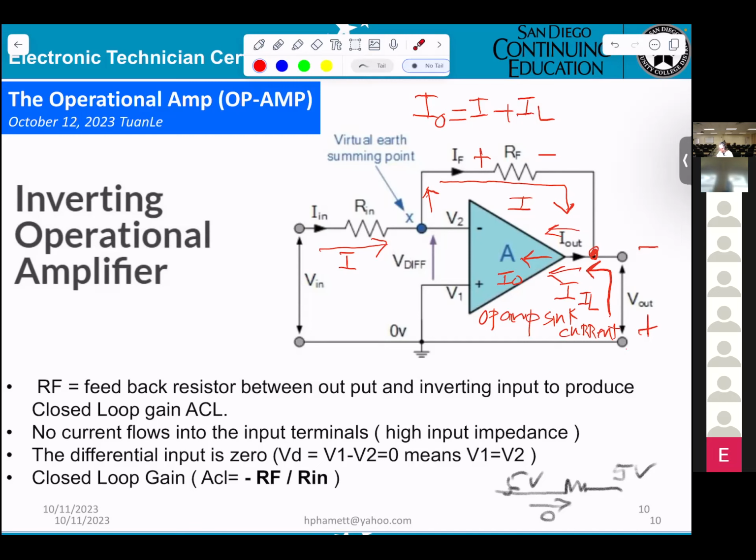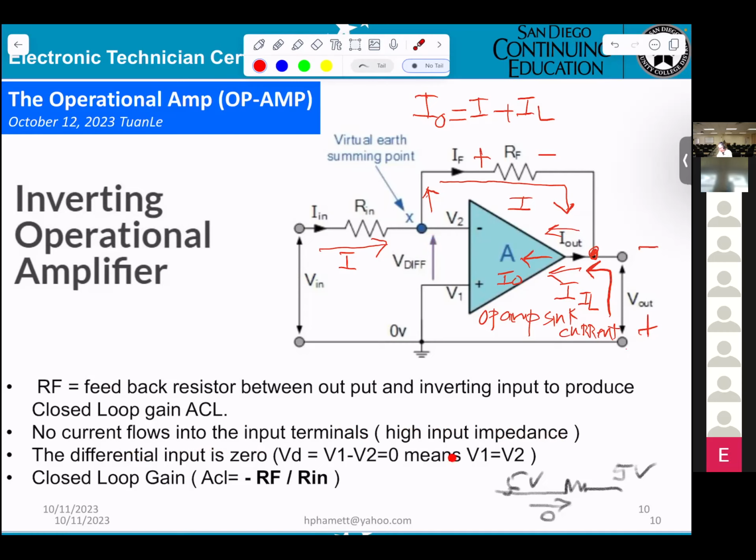Okay, let's see what they tell you. RF, the feedback resistor between output and inverting input, produces closed loop gain ACL. No current flows into the input terminal, high input impedance. That means we're talking about current going into the op amp. The difference input is zero. Vd equals V1 minus V2.